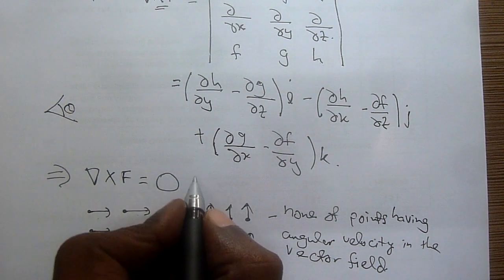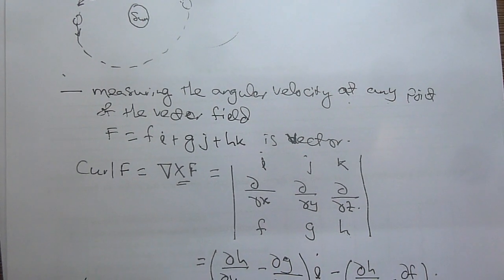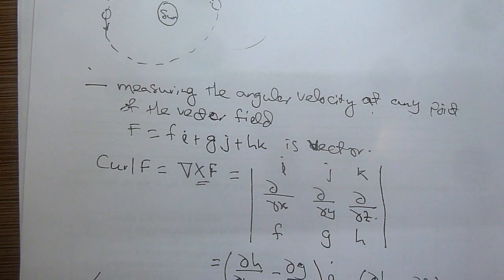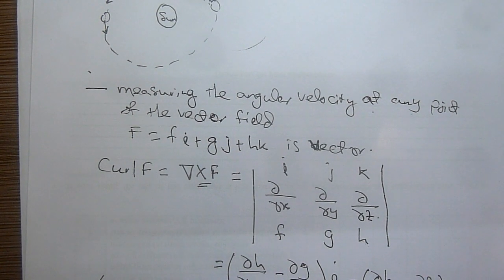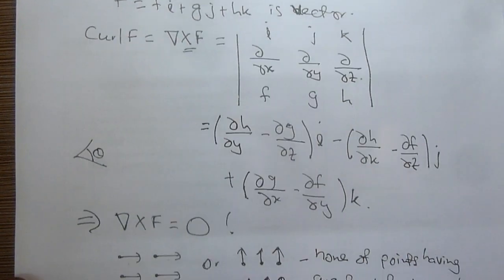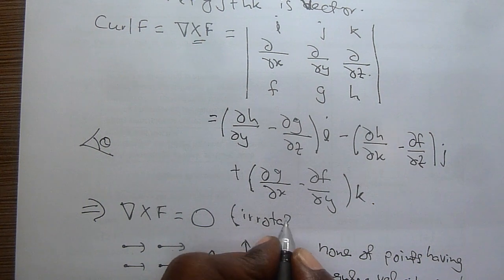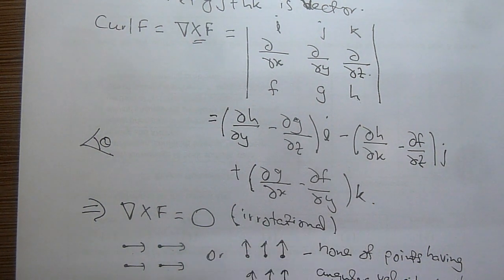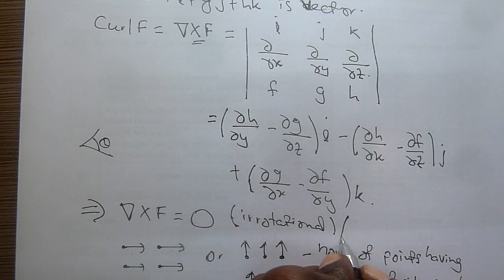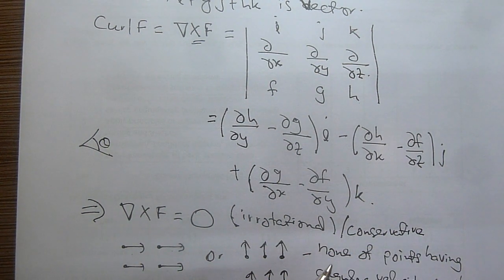The word for this, which I forgot to mention just now, very important, how can I miss this word? We actually call it rotational. Therefore if this is zero, we call it irrotational. And later we're going to use this irrotational field as equivalent to what we call a conservative field.